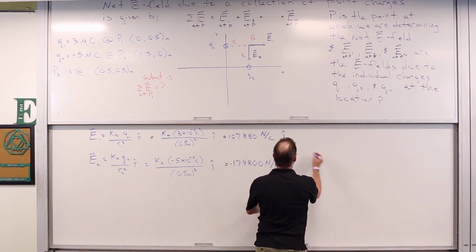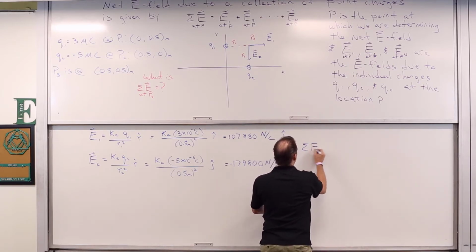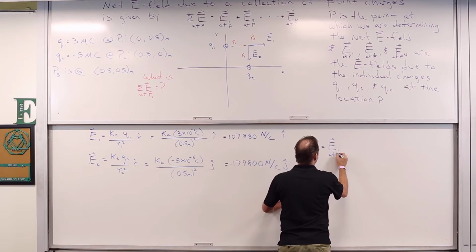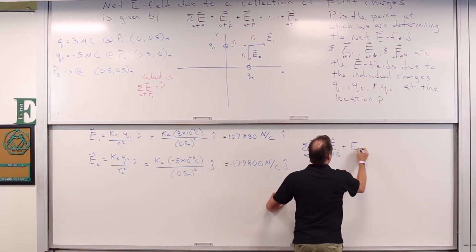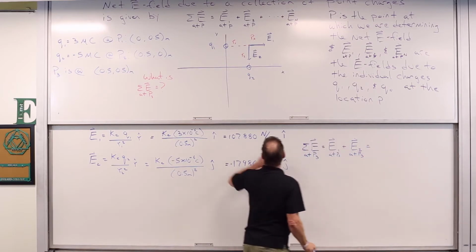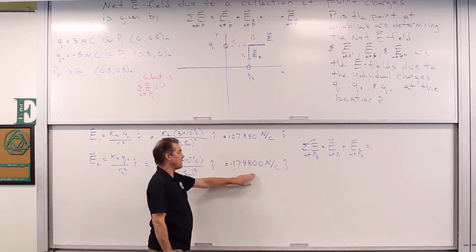So then what do we do? We add them together. We have that the net field at P3 is equal to E hat 1 at P3 plus E hat 2 at P3. Well, if this only has an I hat component, this only has a J hat component.